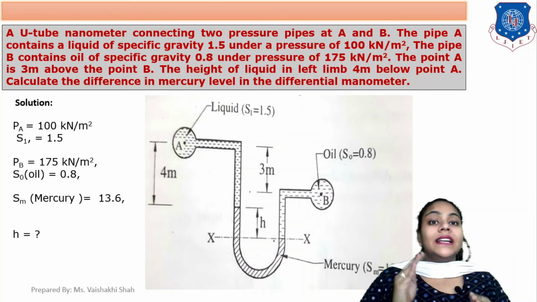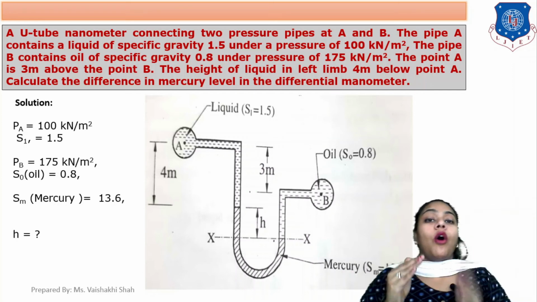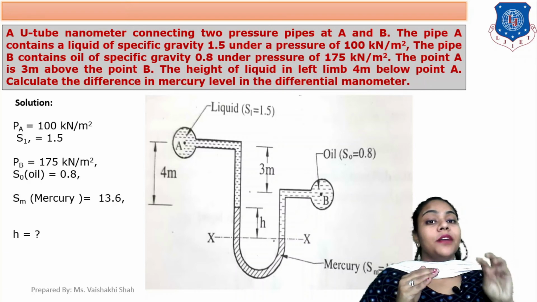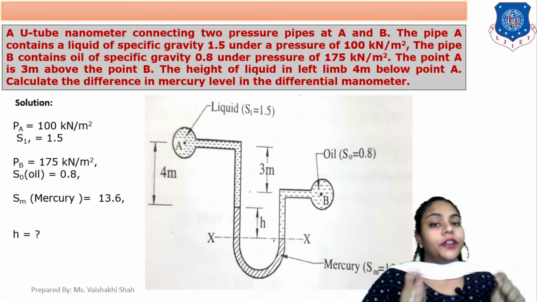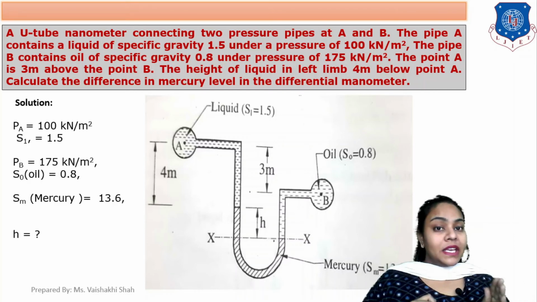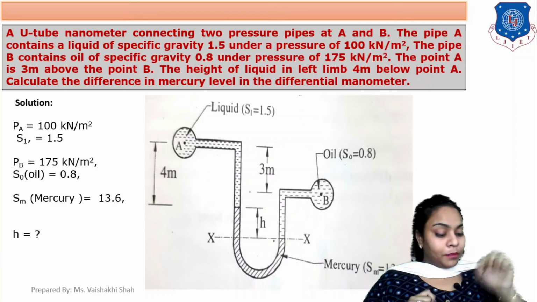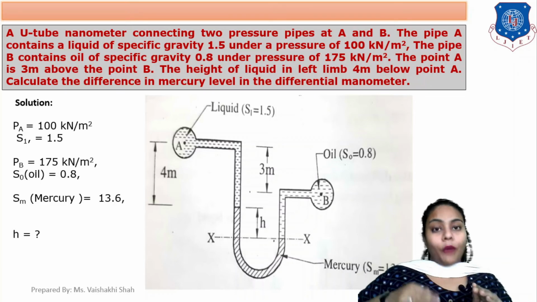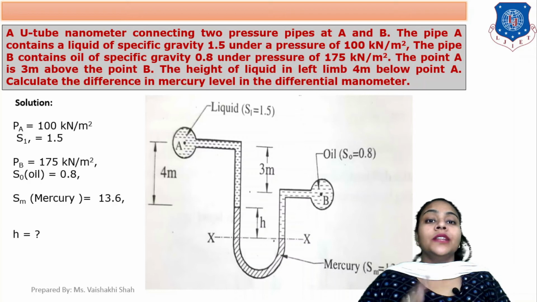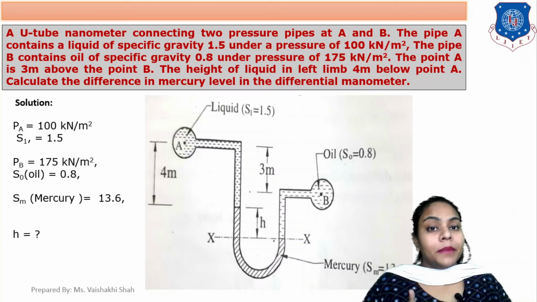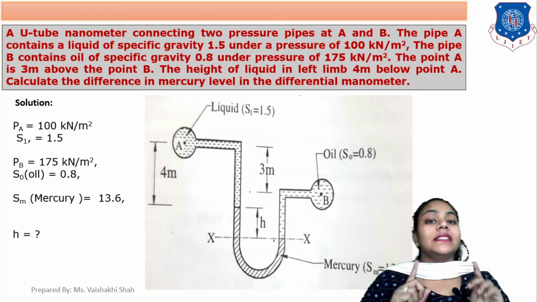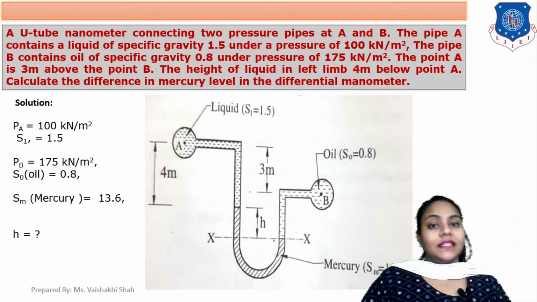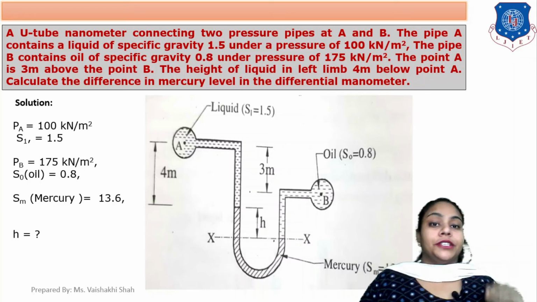So the liquid rises opposite to the higher pressure point. Here pressure in pipe B is higher, so mercury rises opposite to that, in pipe A. Remember that the liquid always rises on the opposite side of the higher pressure pipe.